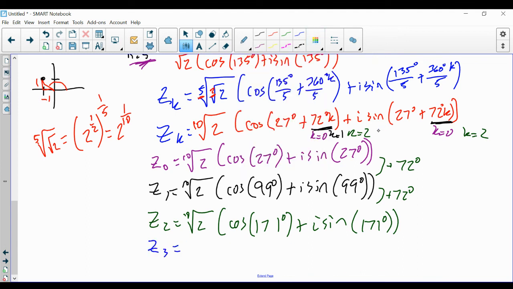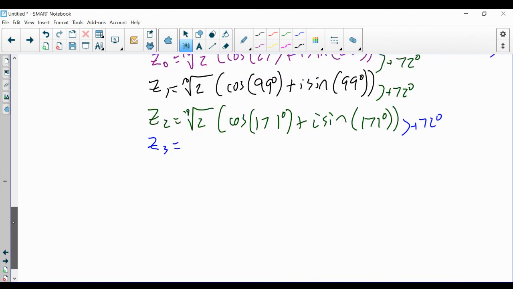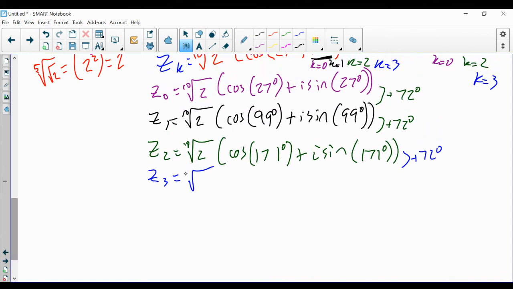z sub 3, so make k equal to 3. Again, it's the same as just add 72 to the angles. That's what's happening. So it's still the 10th root of 2, cosine of, and then when you add 72, 243 degrees plus i sine of 243 degrees.